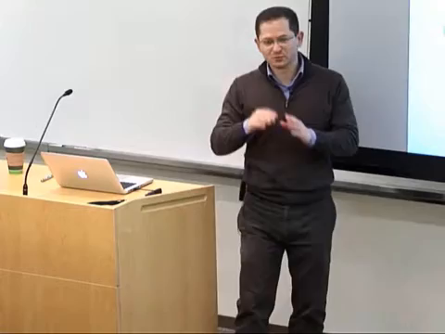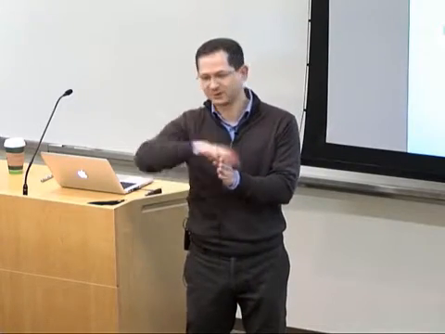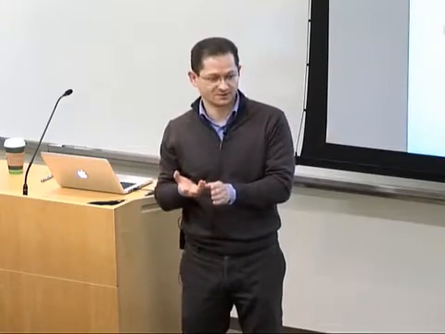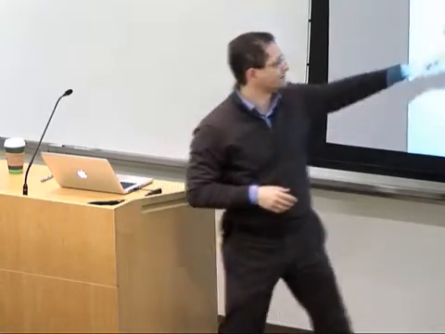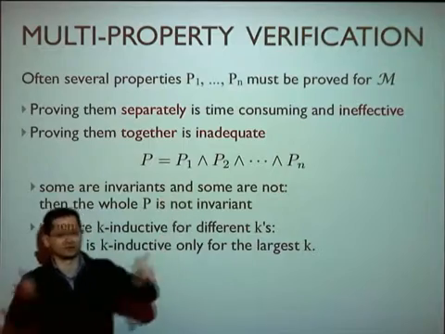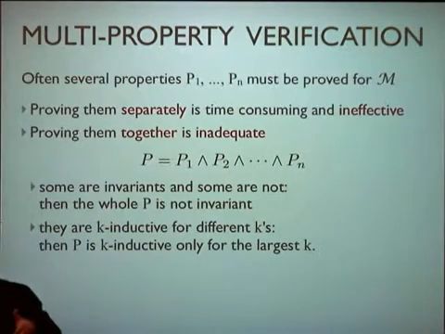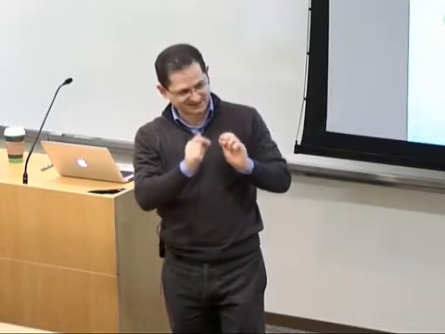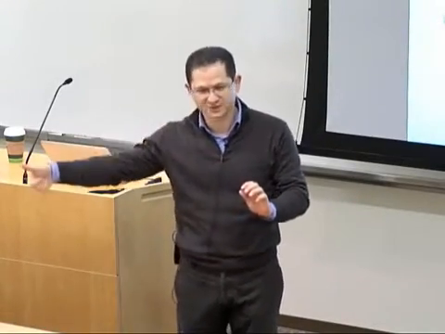Now, what happens if you prove a property to be one-inductive? We throw it back in as an invariant while we're trying to prove the other ones. So the properties actually help each other, a lot more than in the standard sense of trying to prove all of them at the same time with a stronger conjecture. There's a slight difference here: once you prove one invariant, you don't have the obligation to reprove it.